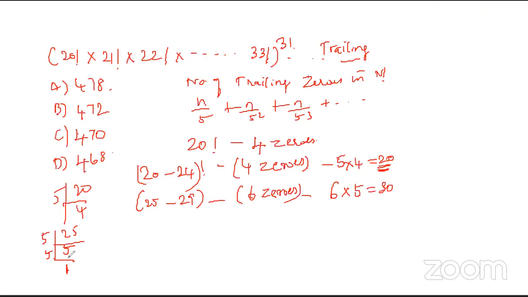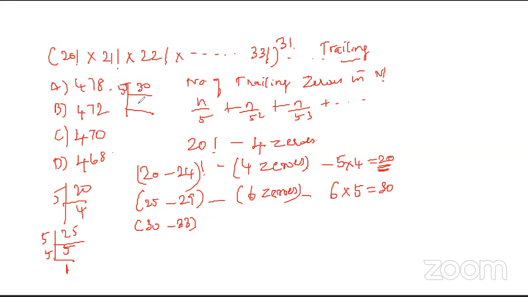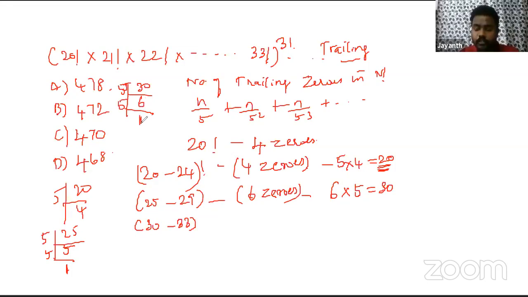Okay. Next, 20 to 24 you have done, 25 to 29 you have done. Next, we have 30 to 33. In 30 factorial, how many 5s do you have? 30 divided by 5 is 6. And in 6, how many 5s do you have? 1.